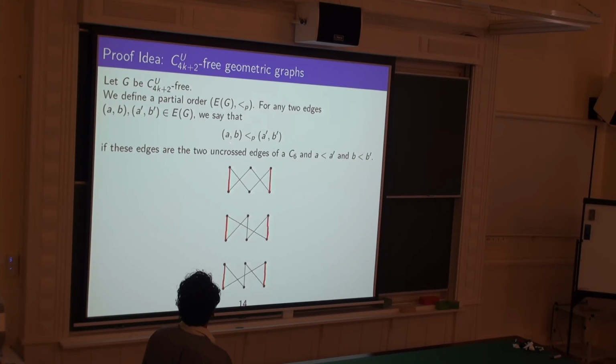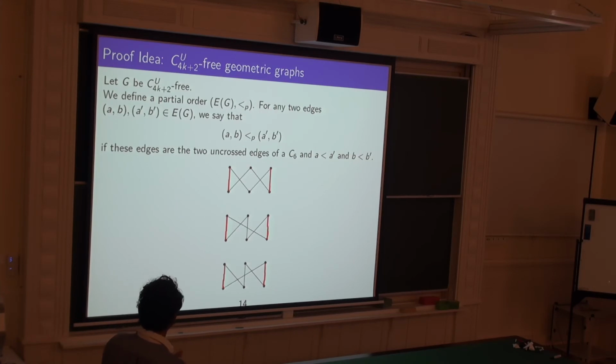That's when we say that an edge AB is less than an edge A prime B prime. Of course, A is from the set A and B is from the set B, and A prime is from the set A and B prime is from the set B.